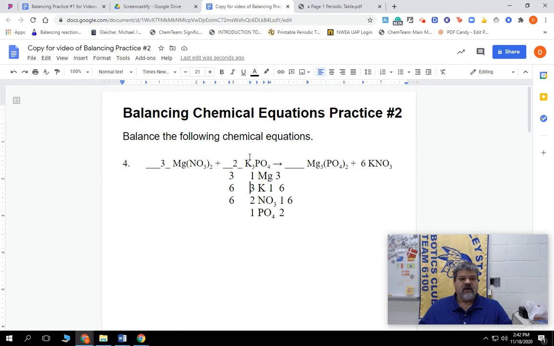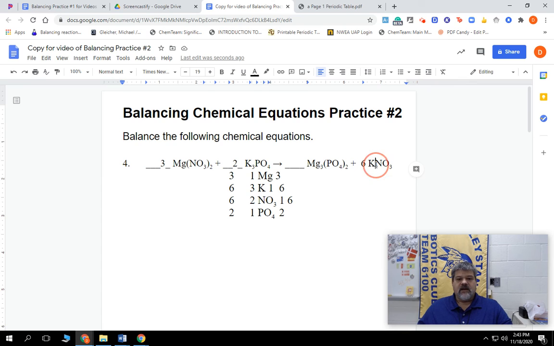But because of this, now I have 2 phosphates. So I go over here and put a 2 with my phosphates. Oh, that equals it out. That's great. We should be balanced. Let's double check it. 3 magnesiums, 3 magnesiums. 6 potassiums, 6 potassiums. 2 nitrates times 3 is 6 nitrates here, and 6 times 1 nitrate is 6 on this side.